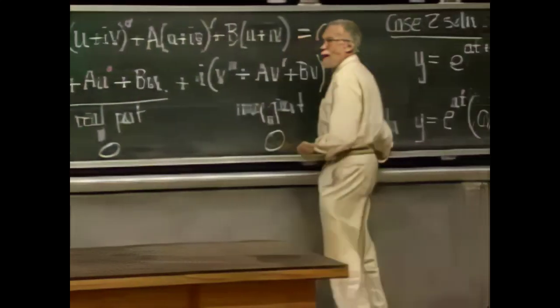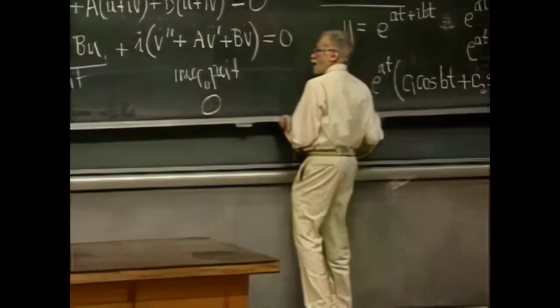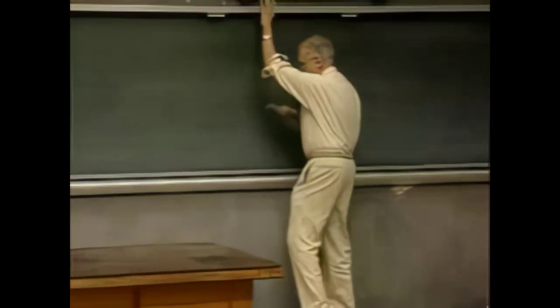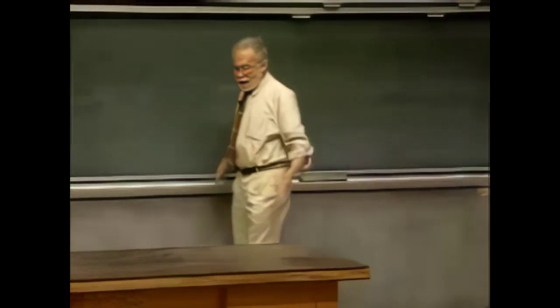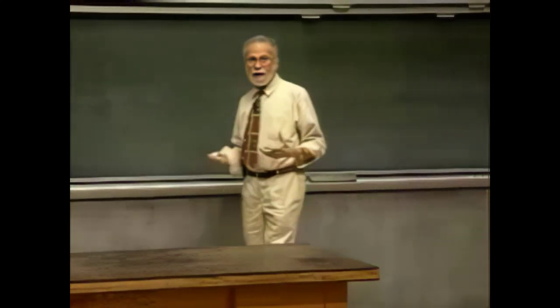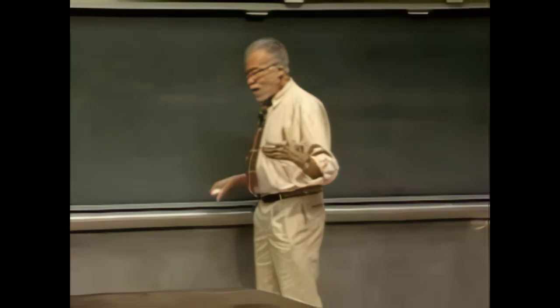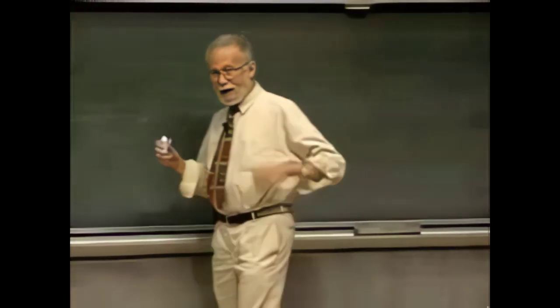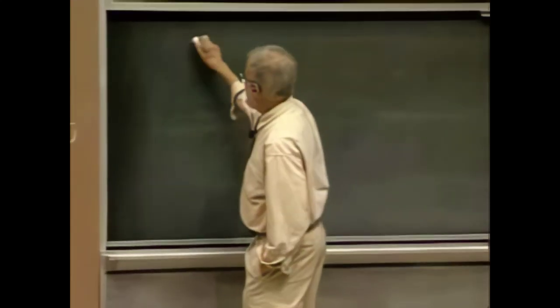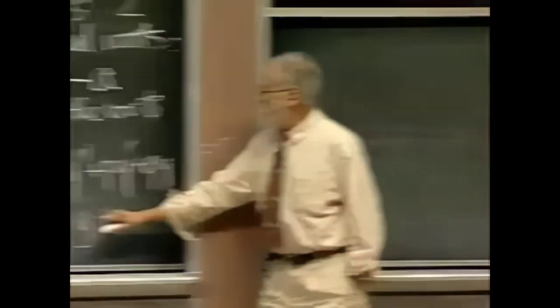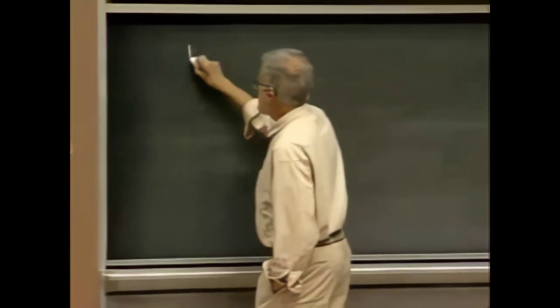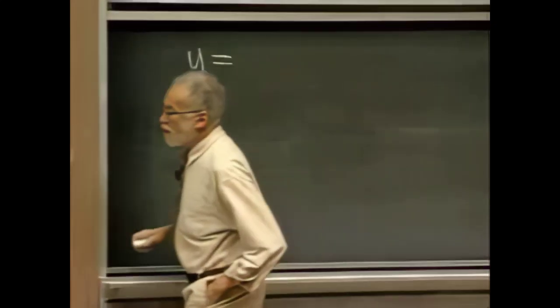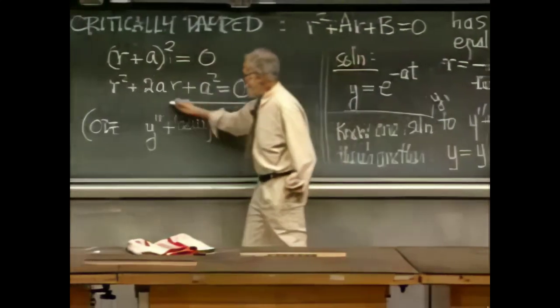Now, let's, in the remaining couple of minutes, carry that out just for this case, because I want you to see how to arrange the work nicely, and I want you to arrange your work in the same way when you do the problem sets. So the way to do it is, the solution we know is e to the minus at. So we're going to look for a solution to this differential equation.